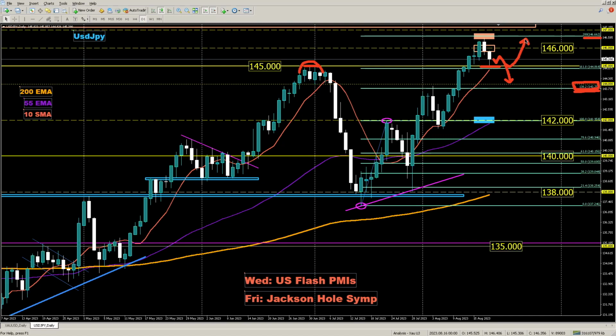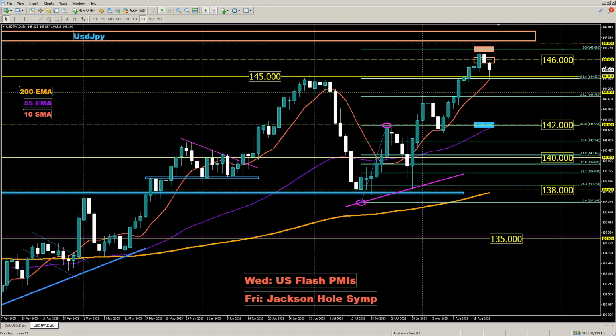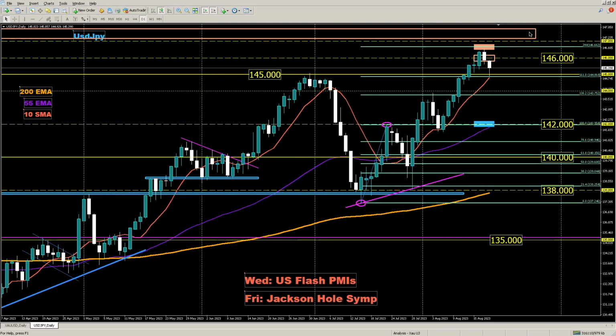If it does, then it could try to push through to the 147 before finally finding a stronger retracement. And of course, there's a major resistance zone above that.